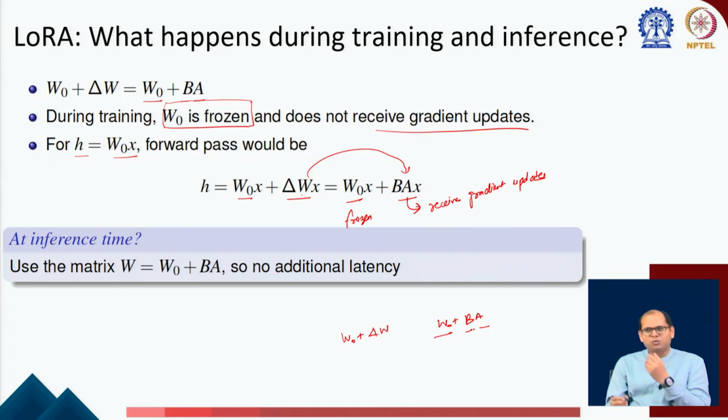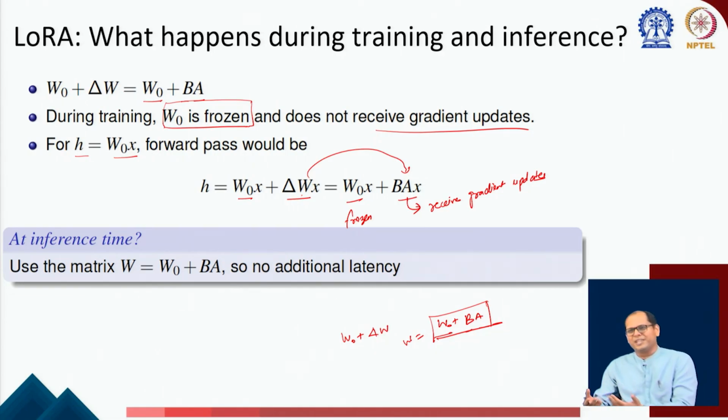So you don't need to separately pass through W naught and B A at inference time. You can simply compute the new matrix W equal to W naught plus B A, and forget whatever happened. You do inference the normal way. So it changes nothing at inference time.